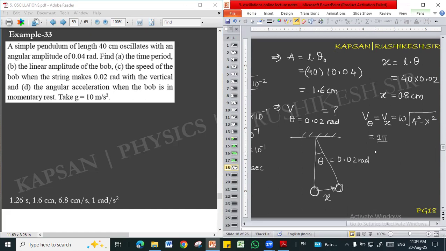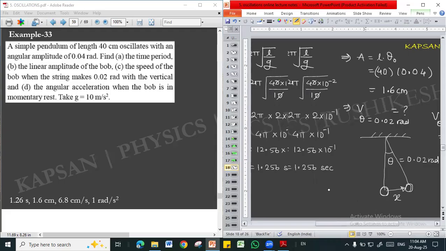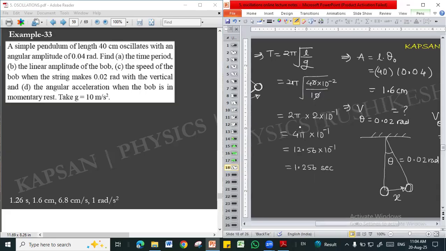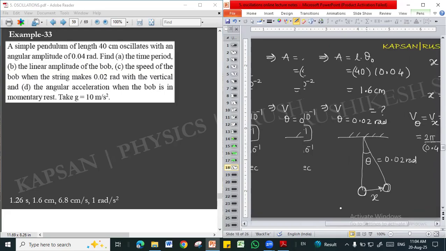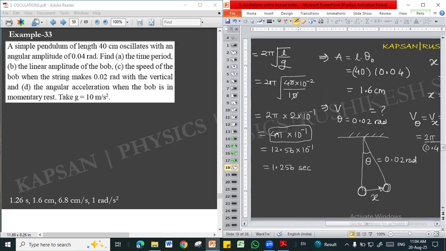Time period you have already found. टाइम पिरियड किती आला होता? आता हा नाही टाकायचा, टाइम पिरियड काय टाकायचा? हा टाकायचा. हा टाकून काय उपयोग नाही, पायला पाय कॅन्सल होणार नाही ना. टाइम पिरियड किती टाकायचा? 0.4 पाय टाकायचा. हा वाला टाइम पिरियड टाकायचा, हा वाला नाही टाकायचा, कॅल्क्युलेशन अवघड होईल.